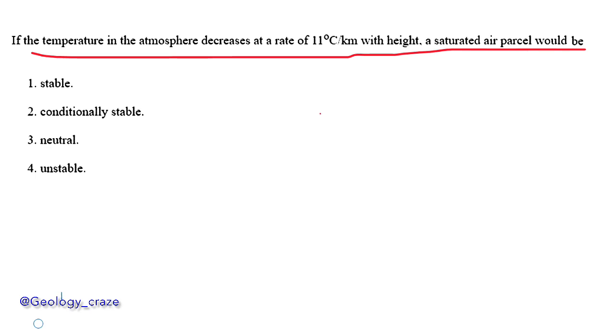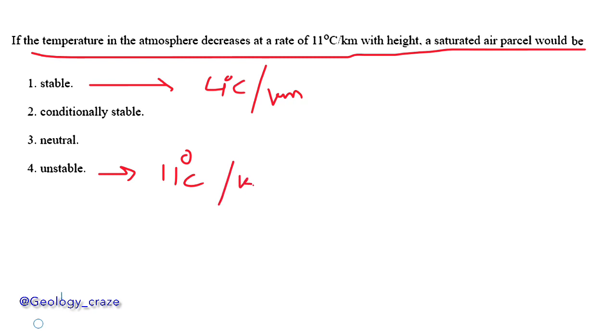For stable condition, if temperature decrease is 4 degrees per kilometer. For unstable condition, 11 degrees Celsius per kilometer. In this way, you can approach this question.